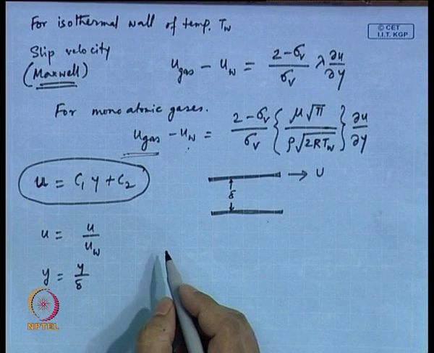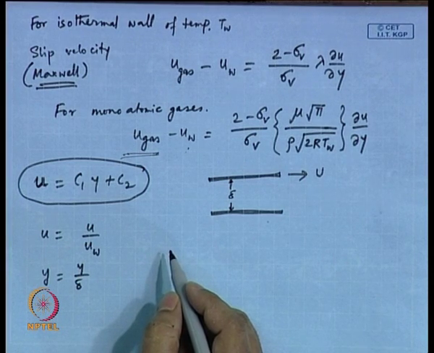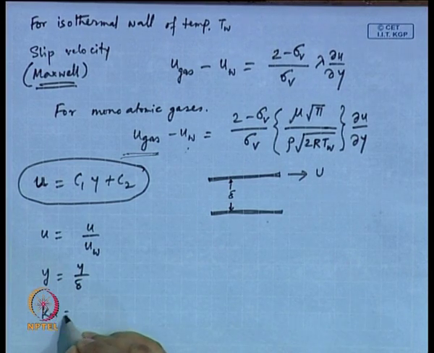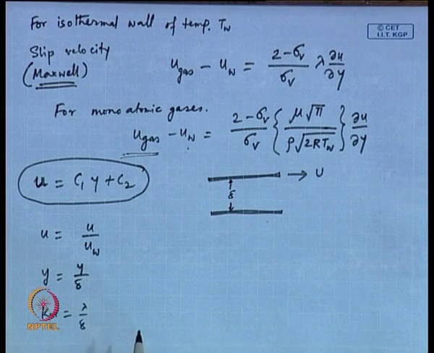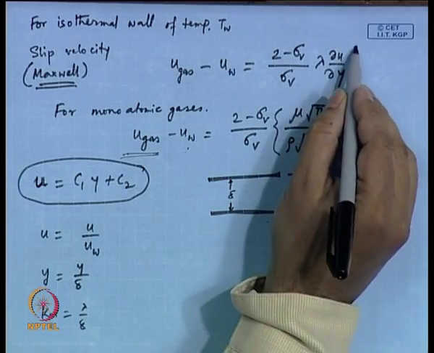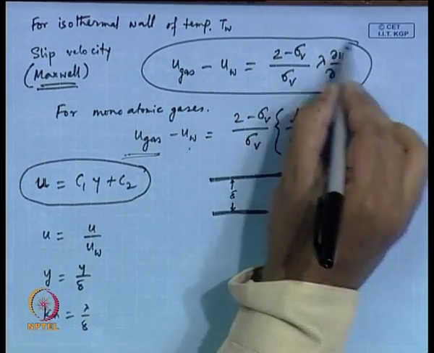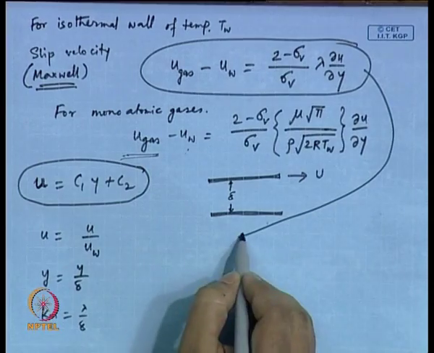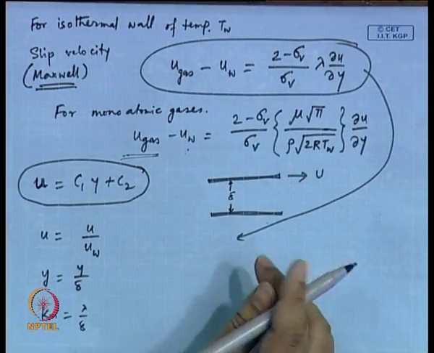Now, in that case, the Knudsen number would be equal to lambda by delta. So, if we start from this expression, this is for monatomic gas, we do not need to, let us write the general one.